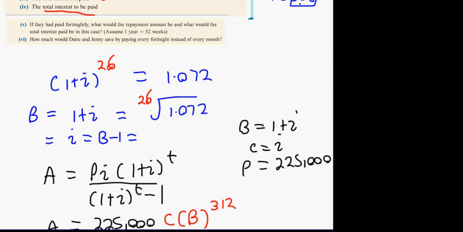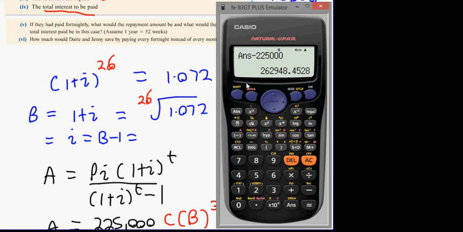It's going to be the 26th power of 1.072. This is going to be saved as our B value. Our C value, like last time, is going to be our B value minus 1. Now we have our B and C value.